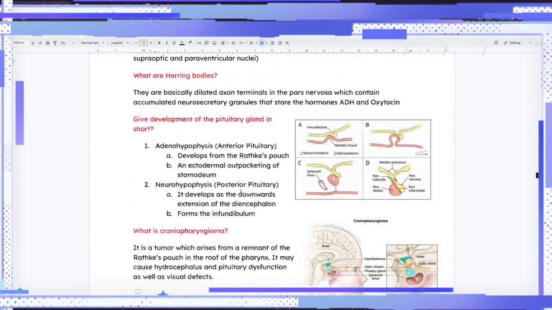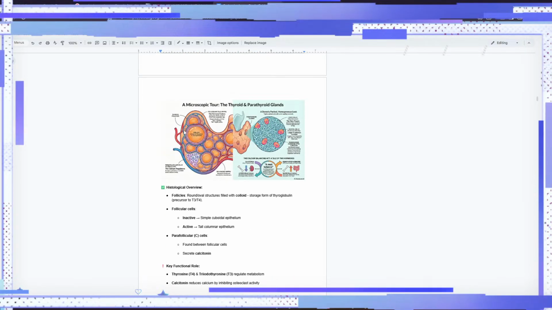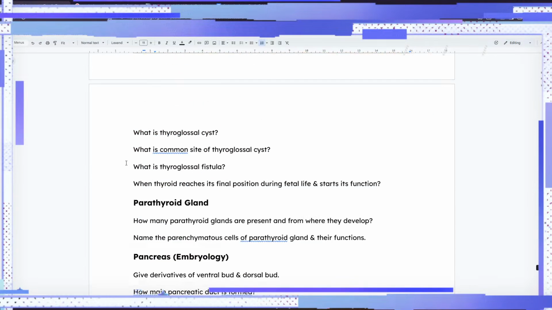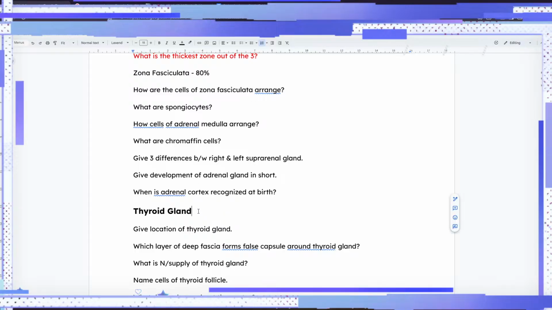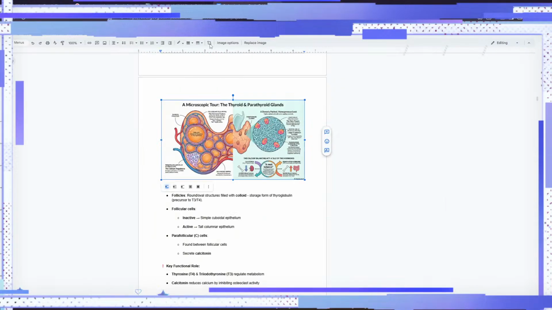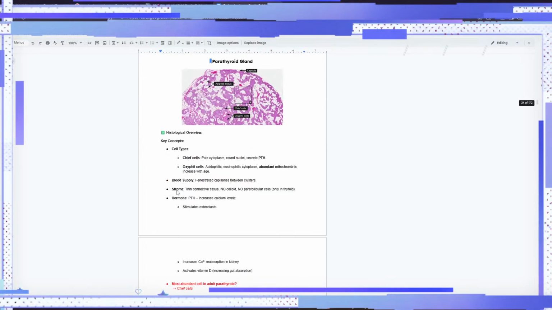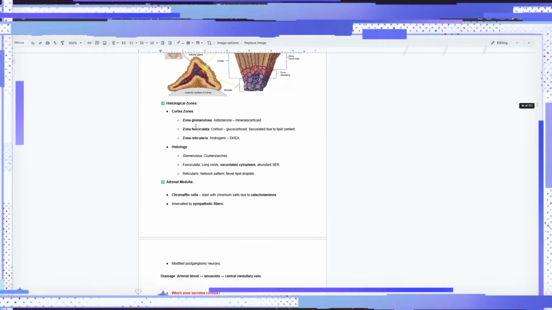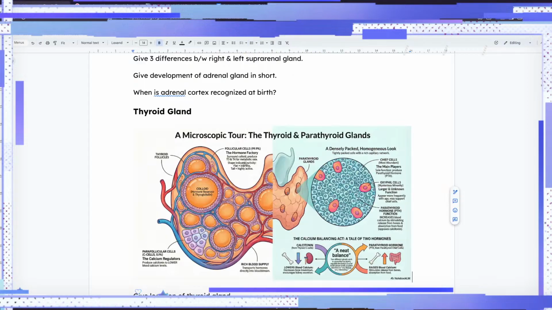Oh wow, I love this infographic. I'm gonna put this in the thyroid section, right? Smash it there. Think about it later. Okay. Yeah, there we are.